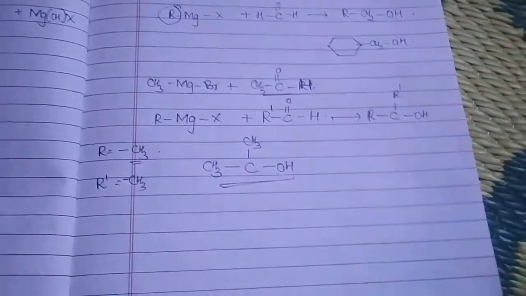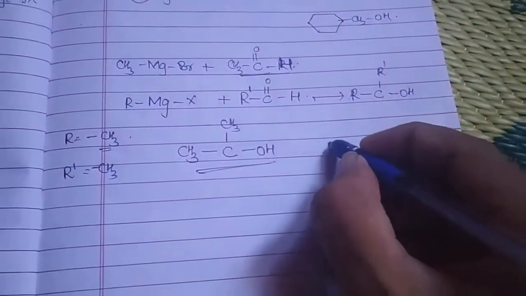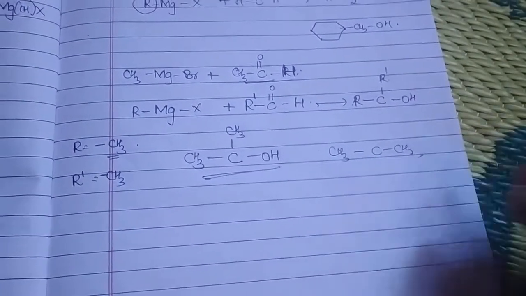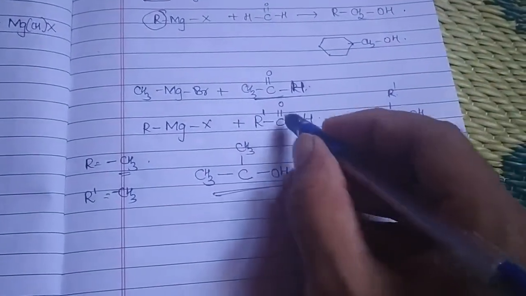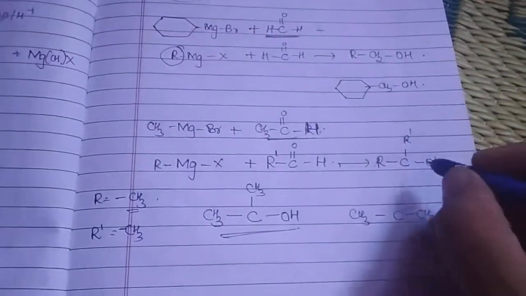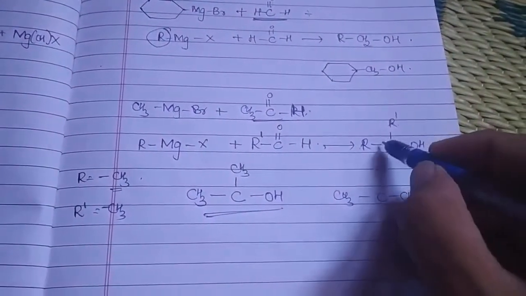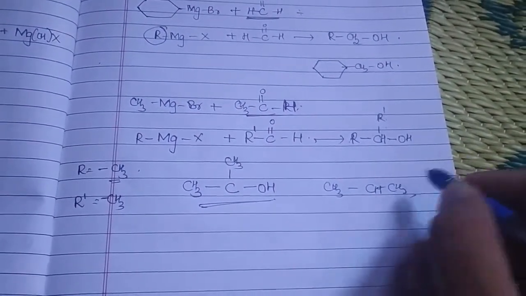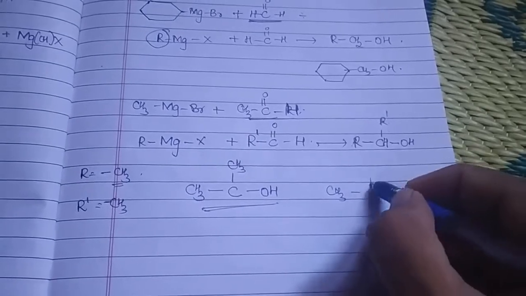Yes or no? So what will be its name? Again I write CH3 C H, and here one H is missing. 1, 2, 3, 4. So here also you will have one H and an OH.